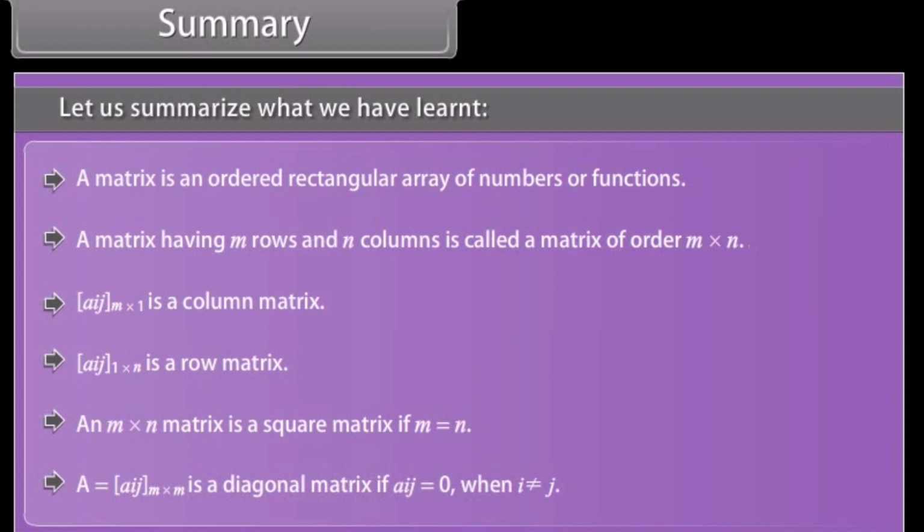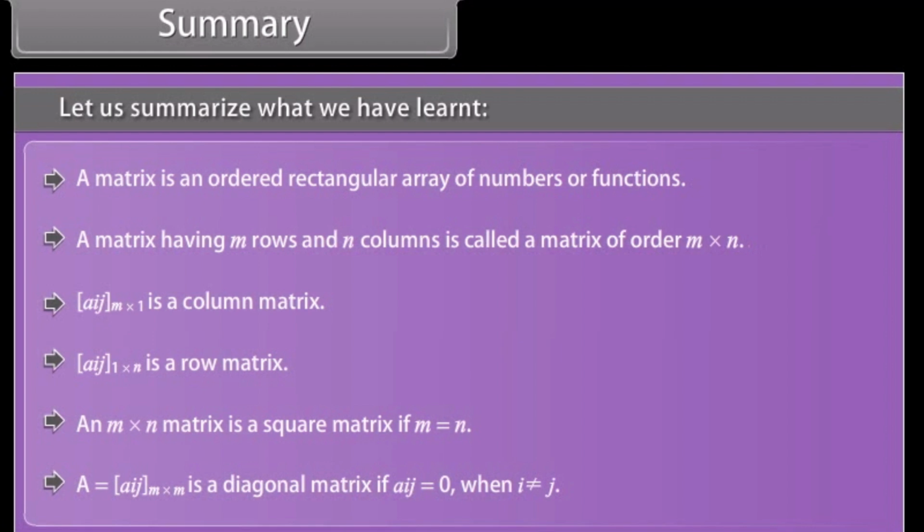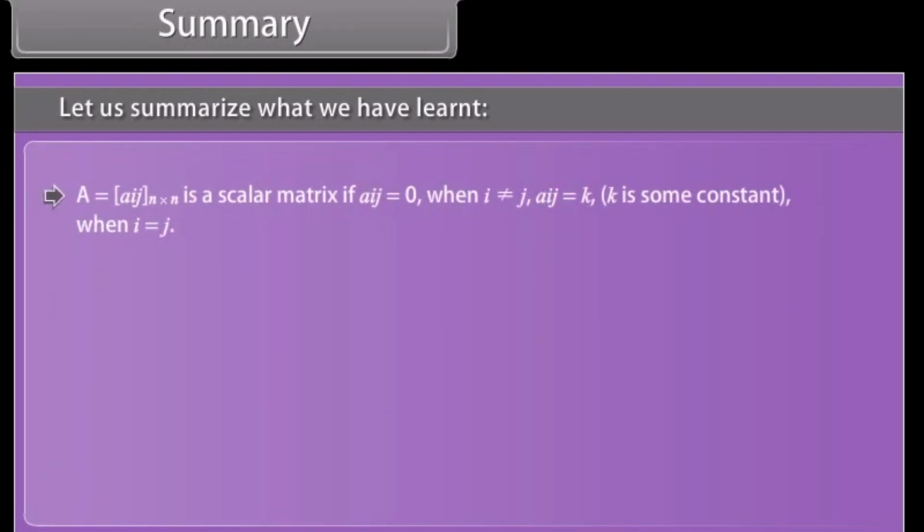A is equal to A_ij, m by m, is a diagonal matrix if A_ij is equal to 0 when i is not equal to j. A is equal to A_ij, n by n, is a scalar matrix if A_ij is equal to 0 when i is not equal to j, and A_ij is equal to k, where k is some constant, when i is equal to j.